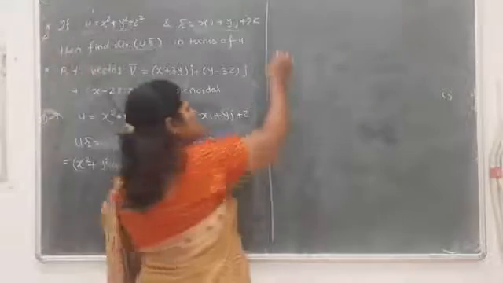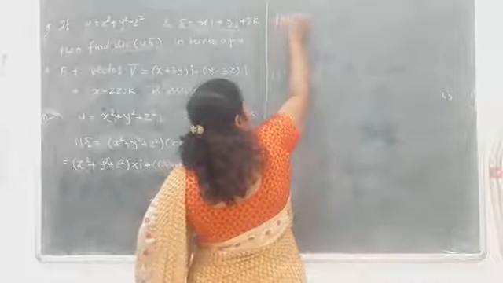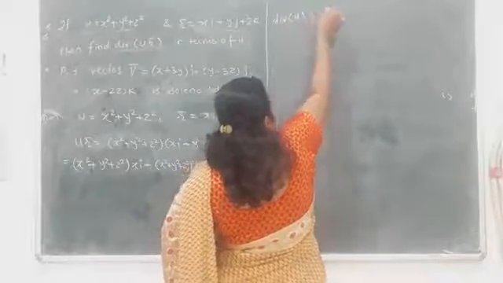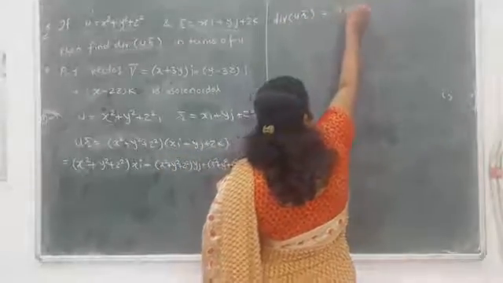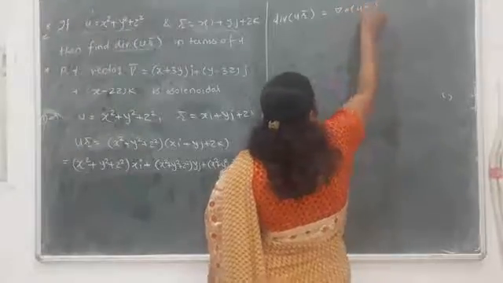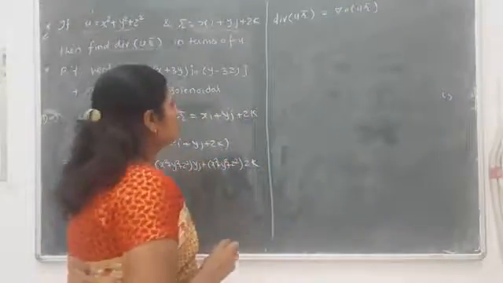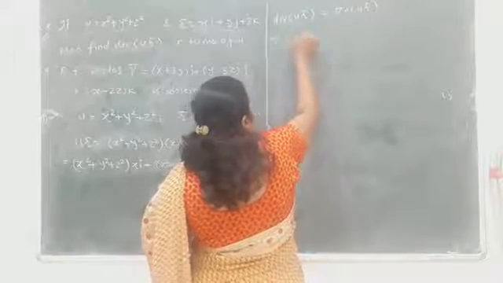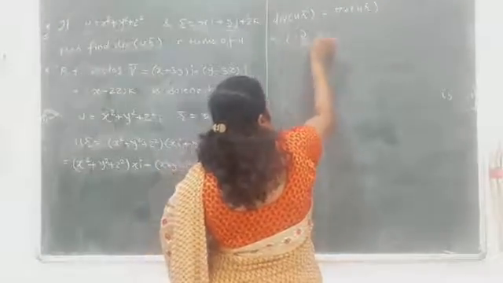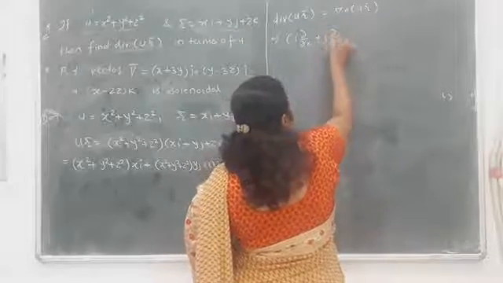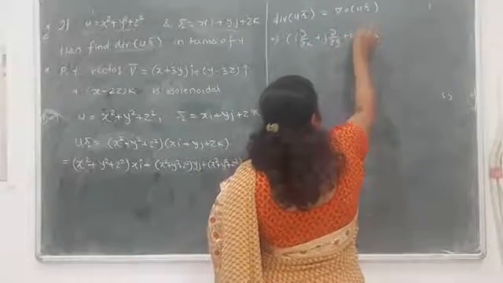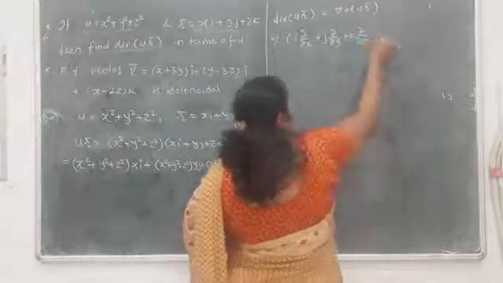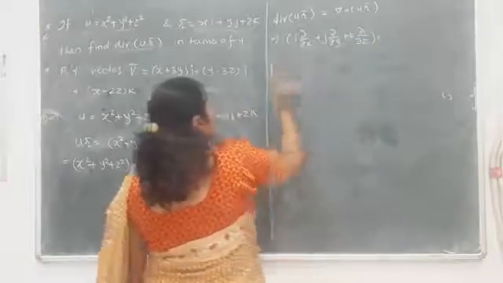So I will write on that side, that is the divergence of u r bar, which should be equal to del dot u r bar. So we take here i del by del x plus j del by del y plus k del by del z, dot u into r bar.